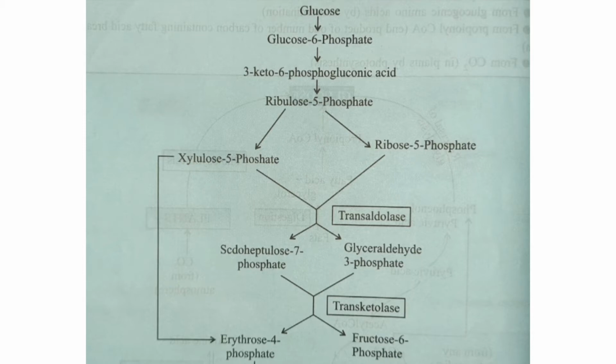The main objectives of the process are to produce ribose, a 5-carbon compound needed for DNA, RNA or nucleotide synthesis, and to carry out the direct oxidation of glucose without the participation of the mitochondria.